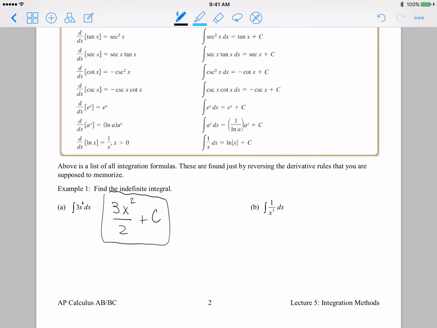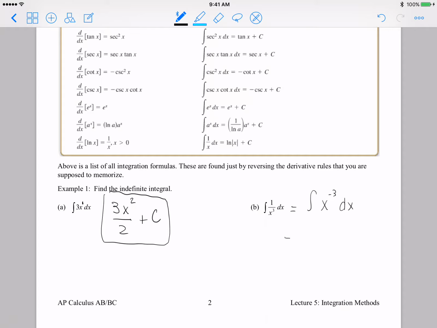In example B, we have the integral of 1 over x cubed dx. Very similar to derivatives, if that x is in the denominator, I have to rewrite it using algebra in order to be able to use the power rule. Since that x cubed is in the denominator, I'm going to rewrite it as the integral of x to the negative 3 dx.